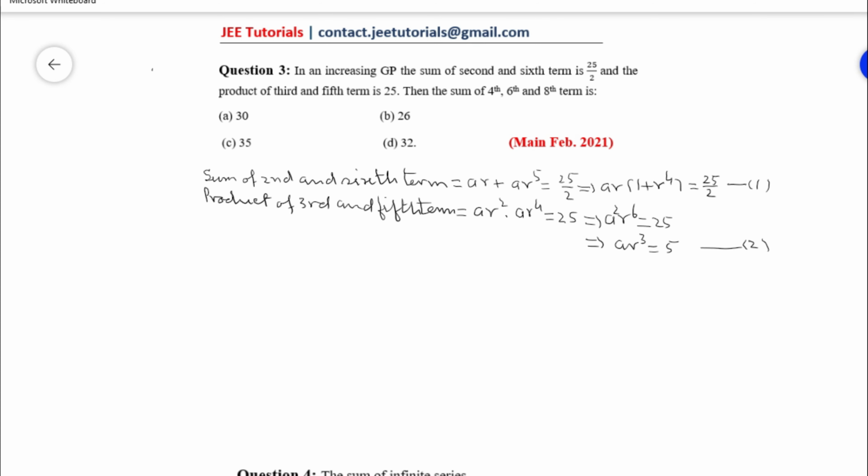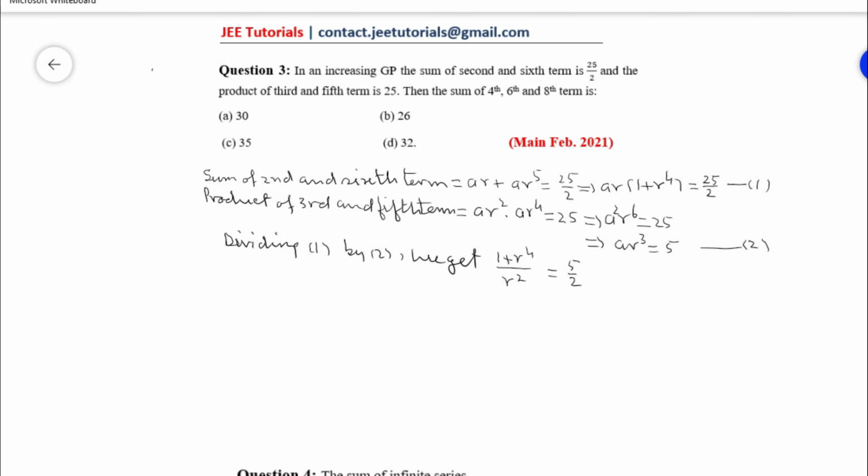Now if we divide 1 by 2, we get, AR will cancel, so this will give 1 plus R to the power 4 upon 1 plus R square, 5 will cancel, and this will be 5/2. और ये क्या इम्प्लाई करेगा?